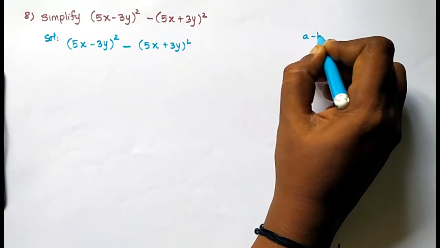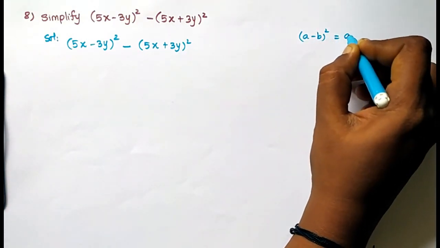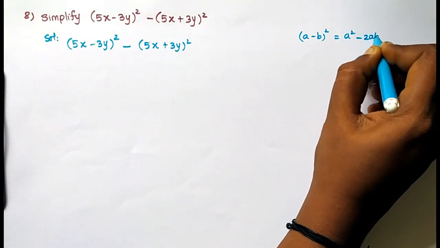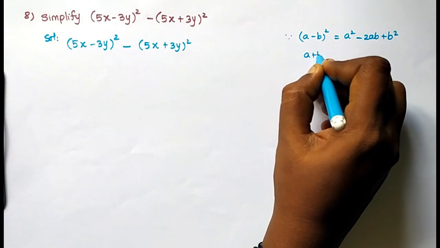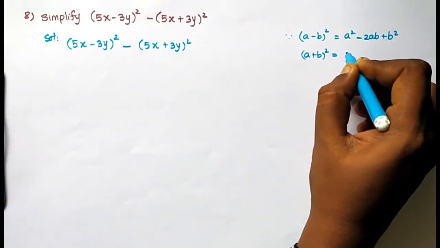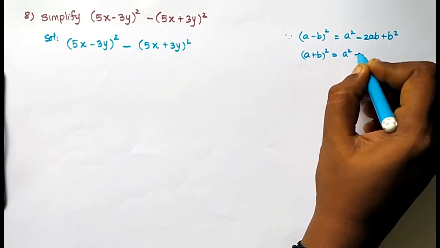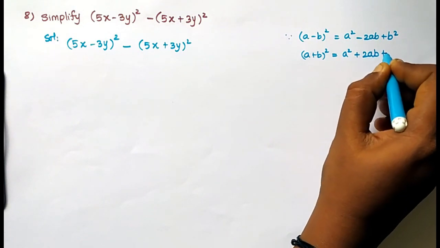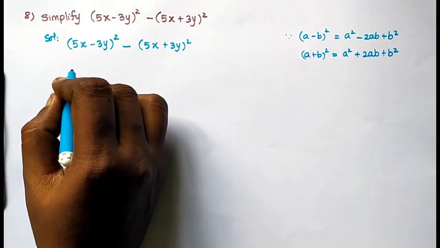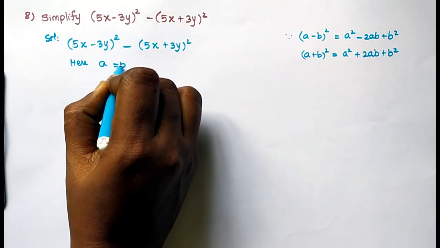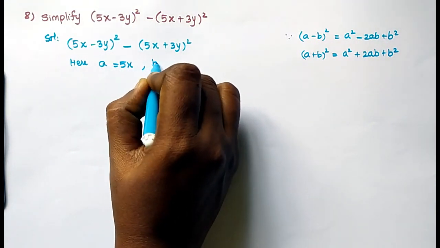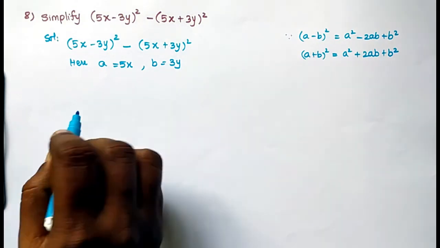So a minus b whole squared equal to a squared minus 2ab plus b squared. Next a plus b whole squared equal to a squared plus 2ab plus b squared. Now here a equal to 5x and b equal to 3y. Now expand this.